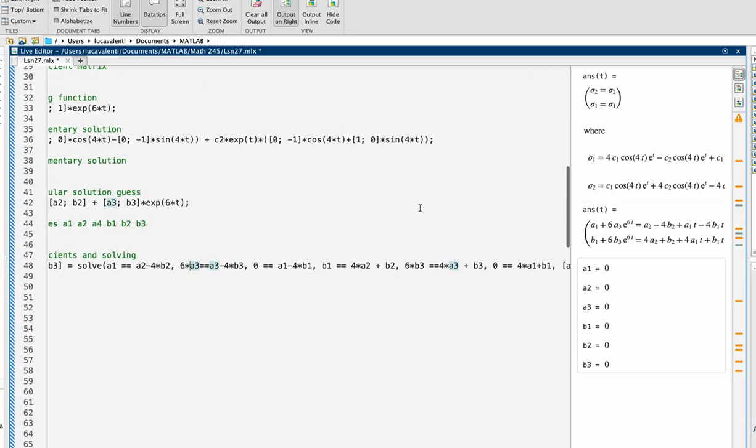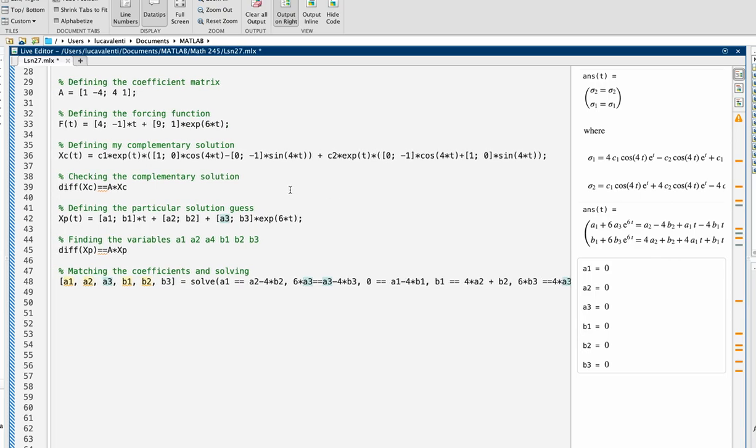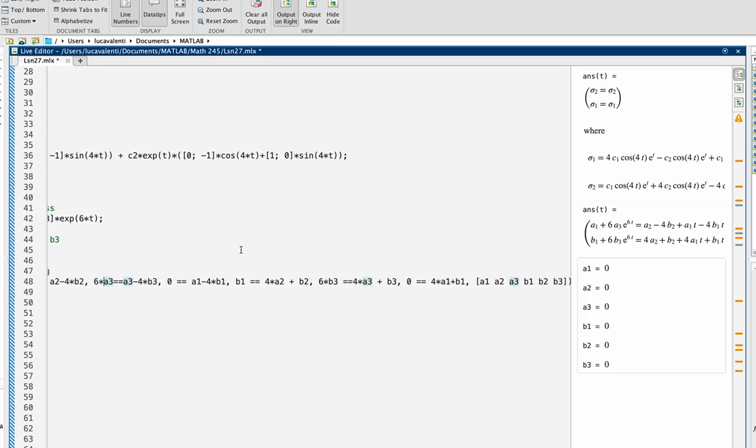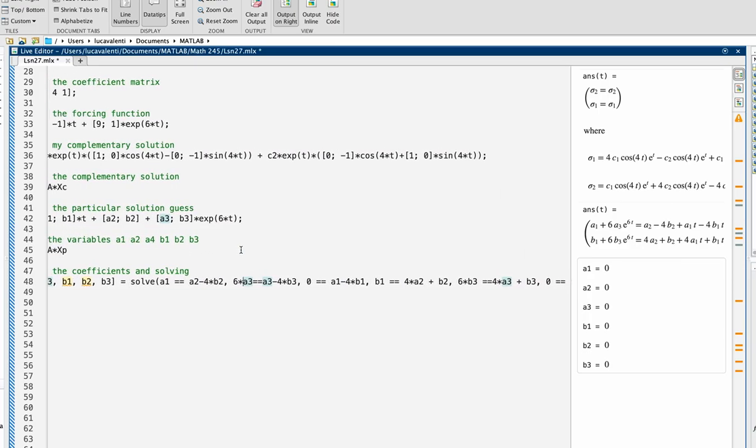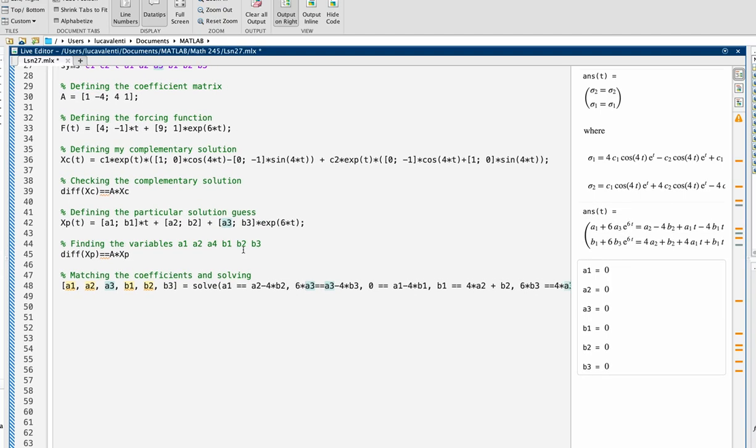If I go up here with the f of t, I get a 9 here, but I'm not seeing that 9 here anywhere. So I wonder if I made a mistake there.